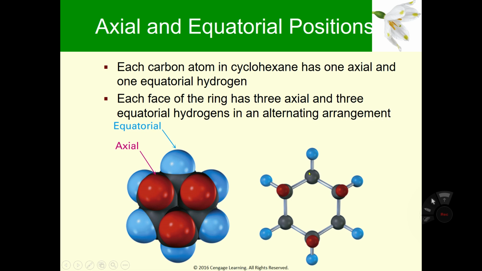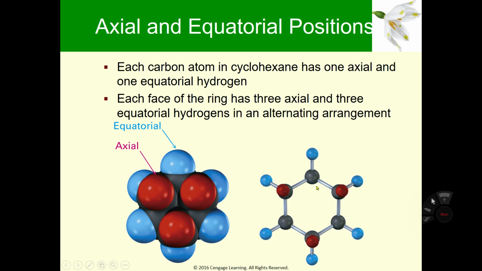We have carbon, hydrogen, and like this. The red ones are axial hydrogens. We have axial hydrogens here, but it's in the back. And the axis is pointing to you.